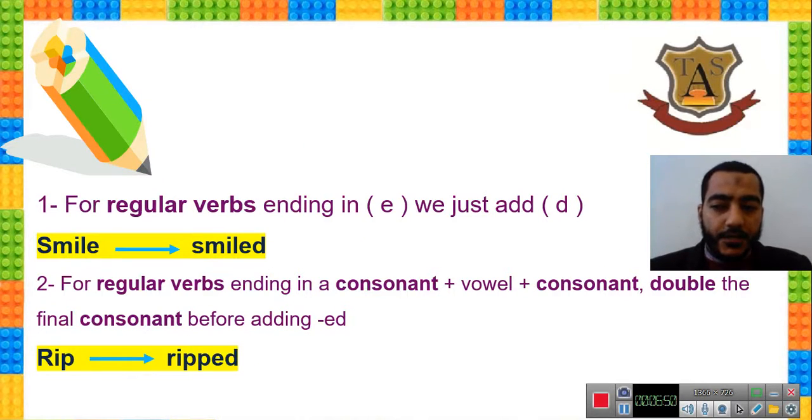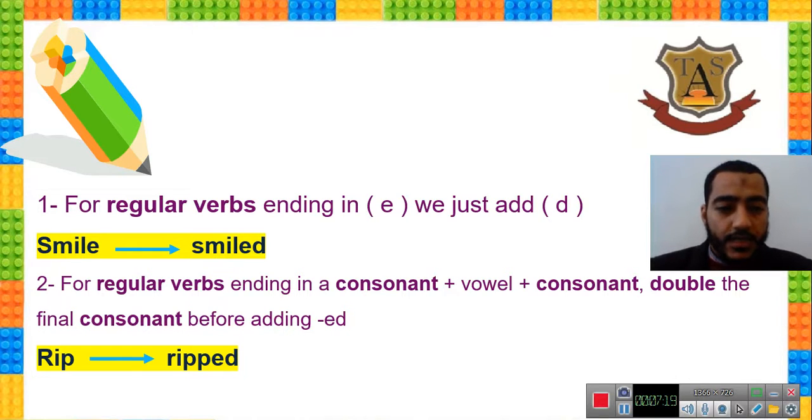Yes, we have here two rules. Rule number 1. For regular verbs ending in e, we just add d. If you want to add ed to the verb but the verb already ends with e, the rule is to just add d.